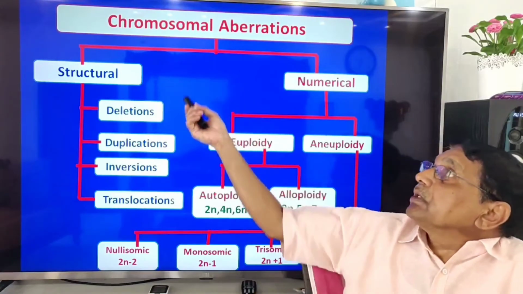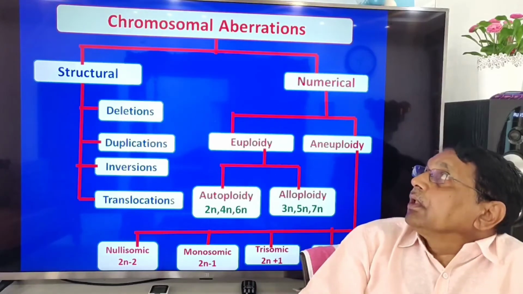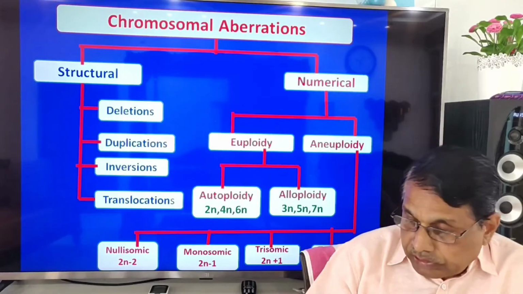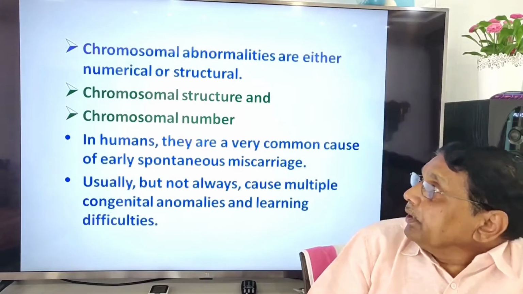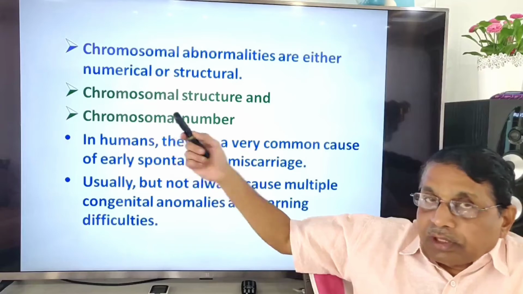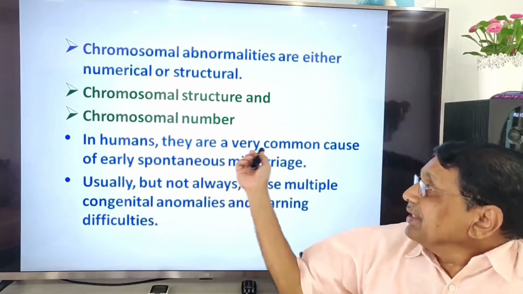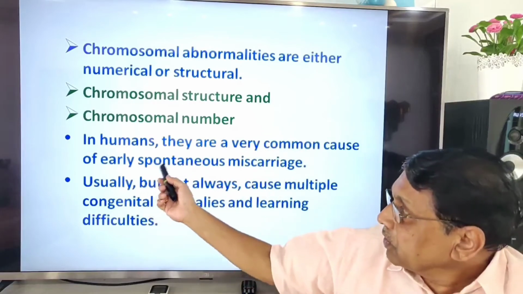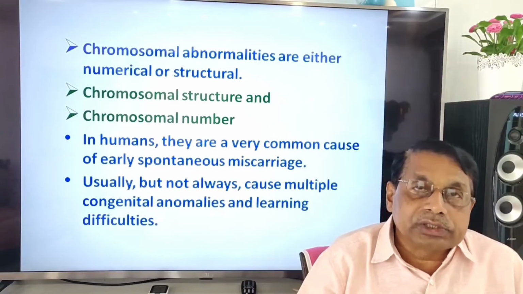So this is a brief summary of the chromosomal aberrations, either chromosomal structure or chromosomal number, which we have just seen. In human beings, they are very common and cause early spontaneous miscarriage, abortions.